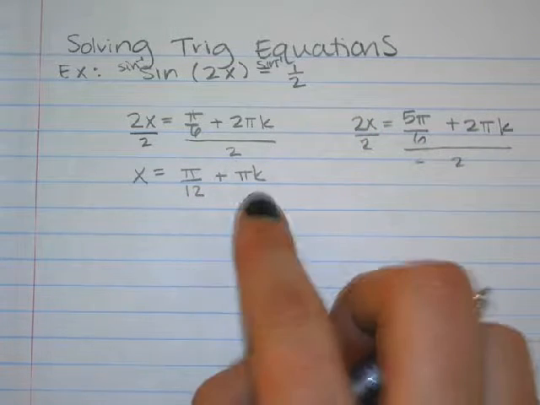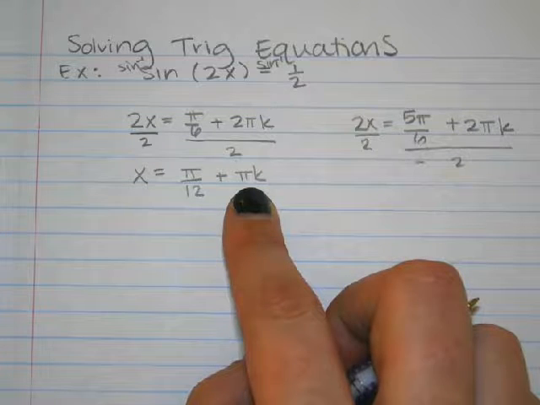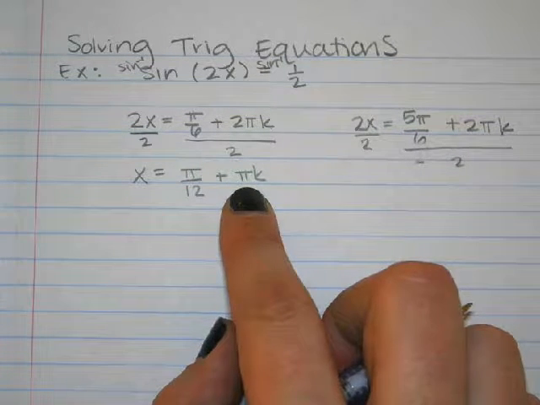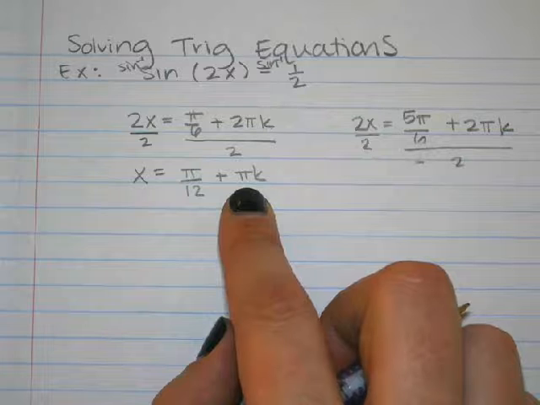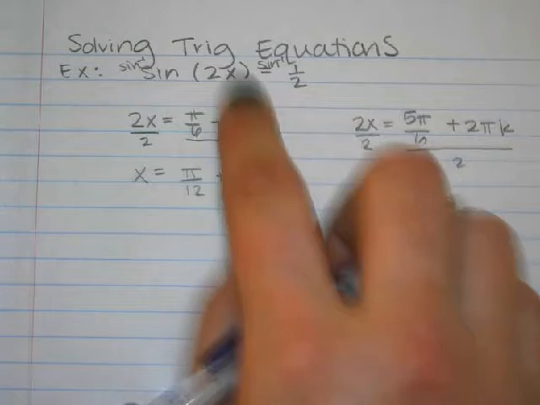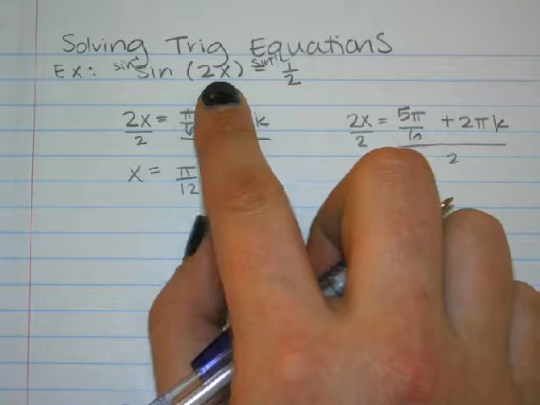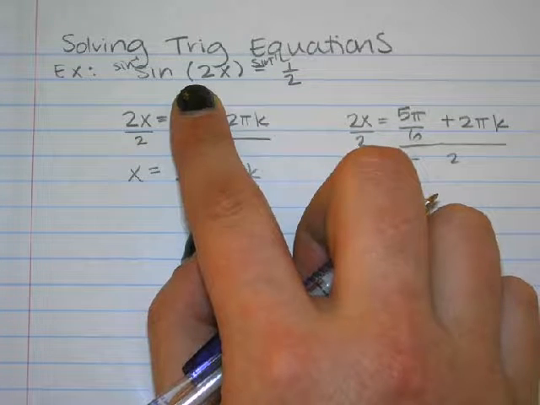So what this is saying is that if you take your angle and you cut your angle in half, then now the answers are going to repeat every pi k instead of every 2 pi k. So the answers are repeating more often. It's basically saying instead of the period of my graph being 2 pi, the period of my graph is now 2 pi divided by 2, which is just pi. Does that make sense? So our answers repeat more often.